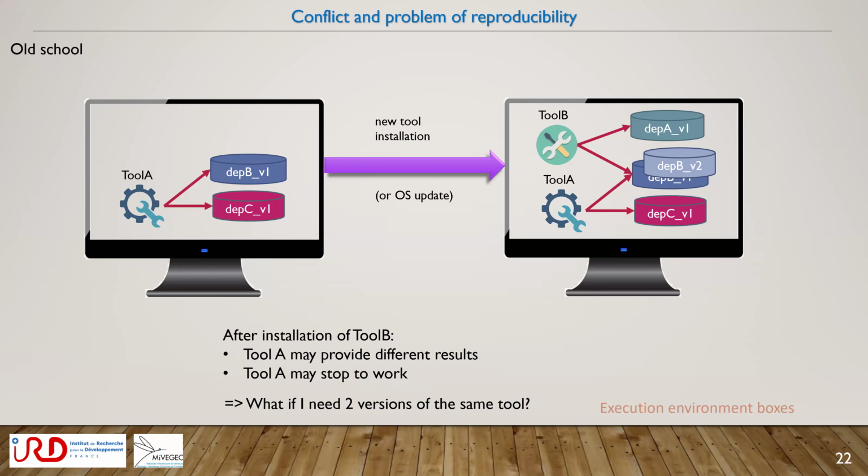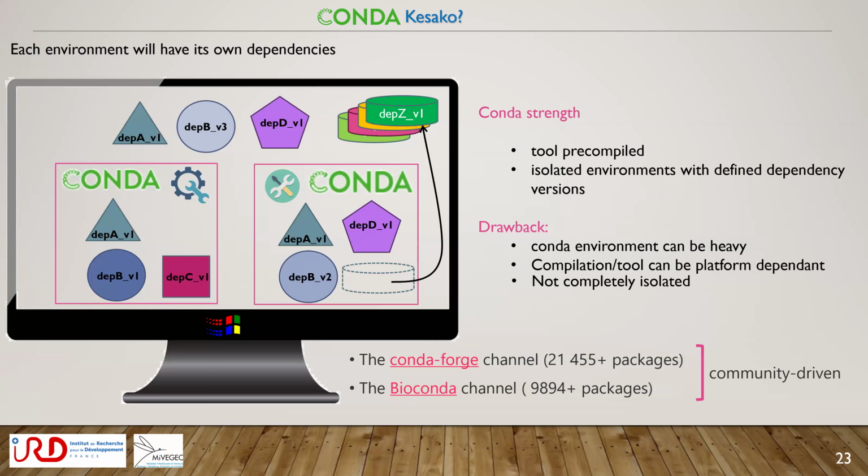So you will have to use execution environment boxes. To make it simple, what are these boxes? It could be an environment using Conda. Conda is a tool that makes a box for tool A and a box for tool B. What is great with this kind of tool is that even if the dependencies are already on your computer, it installs them in the box for the tool you ask for.